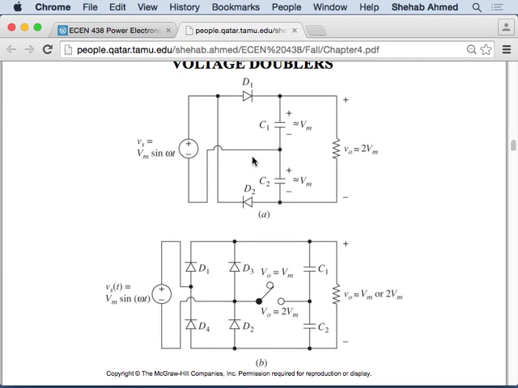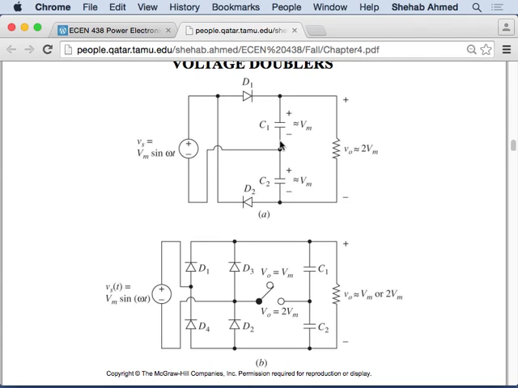If D2 starts conducting, it will push current into the capacitor in this direction and charge C2. Current will flow from here, charge C2, and go back to my source. So now what did I do? I've charged C1 and I've charged C2.